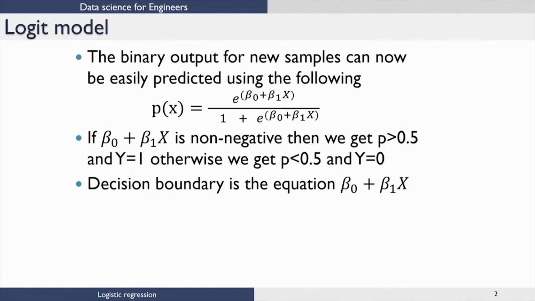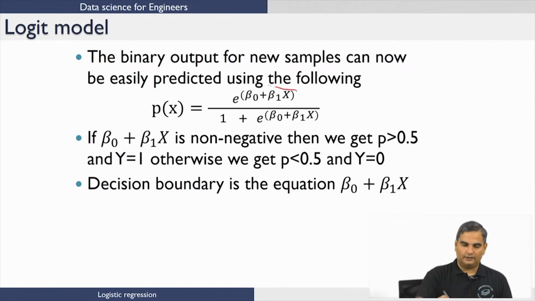We will continue our lecture on logistic regression that we introduced in the last lecture. If you recall from the last lecture, we modeled the probability as a sigmoidal function, and the sigmoidal function that we used is given here.